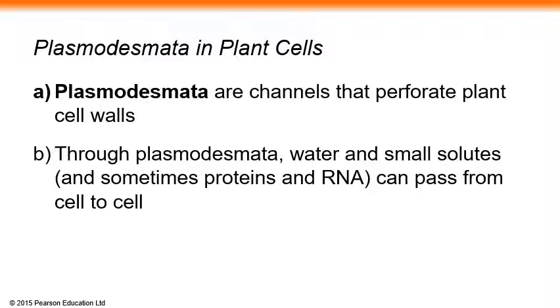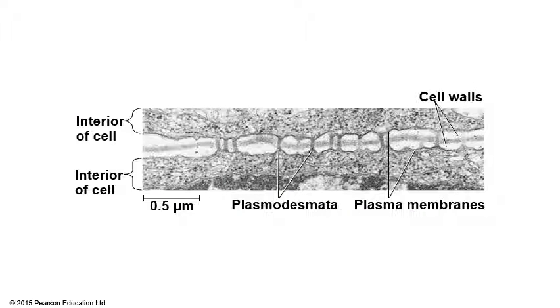Through plasmodesmata, water and small solute, and sometimes proteins and RNA can pass from cell to cell. So the plasmodesmata are very small, tiny channels. That's why only the water and small solute can pass through the plasmodesmata. Big molecules are kind of difficult to pass through.